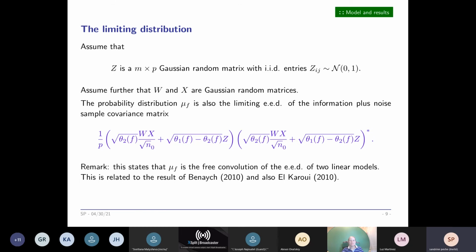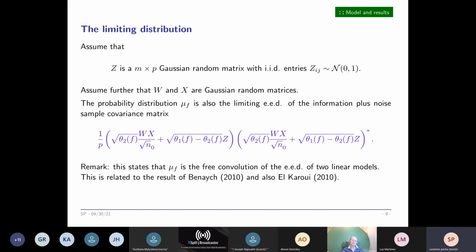So this is again the statement that for this fourth ensemble of nonlinear random matrix ensemble, the limiting empirical eigenvalue distribution is the same as that of a quite well-known linear ensemble.